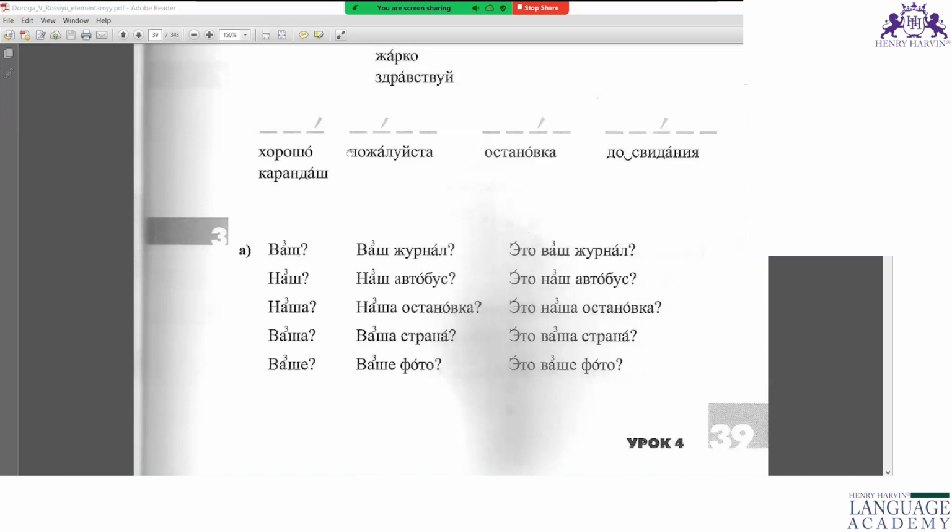Да? Пожалуйста. In the word пожалуйста, letter й is silent. We do not read it. Пожалуйста is please. До свидания is goodbye. And we already had it last lesson that it is a formal way of saying goodbye.